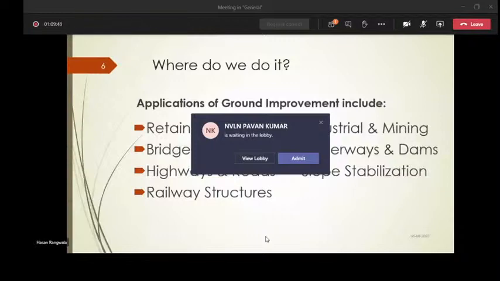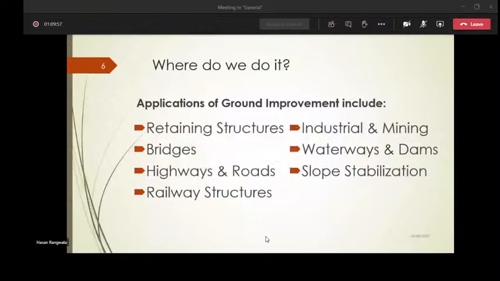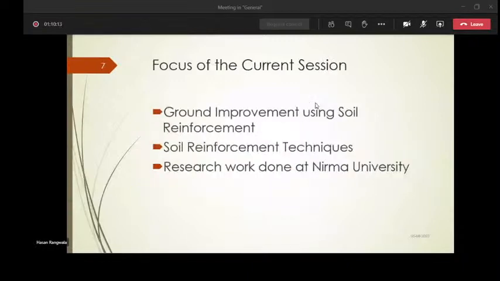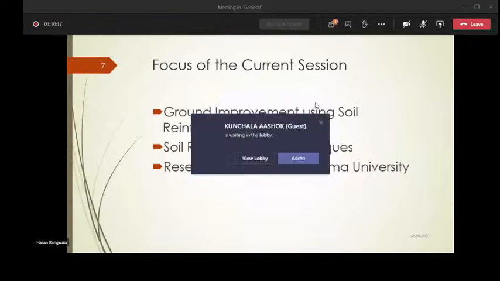Basically, whenever we take any civil engineering structure where we have low strength soil, we can use this ground improvement method. For today's discussion, highways and road construction are of utmost importance. So with that, we will go to today's session.